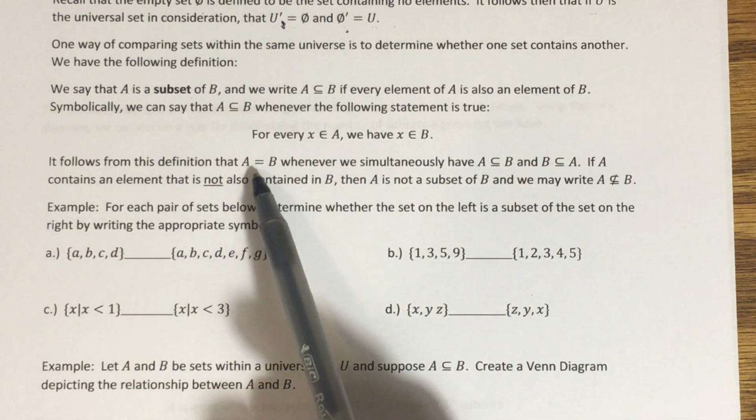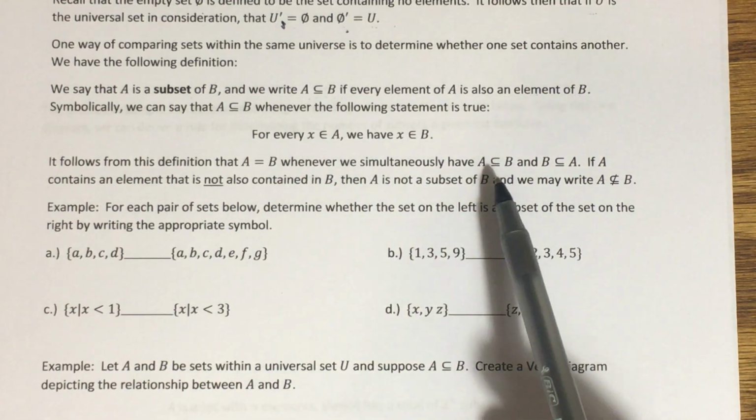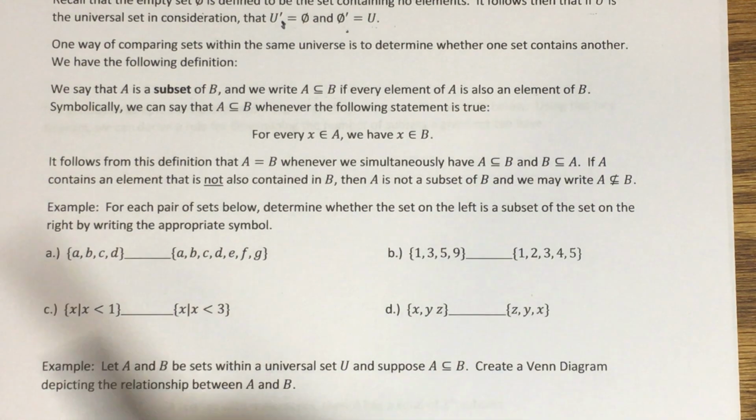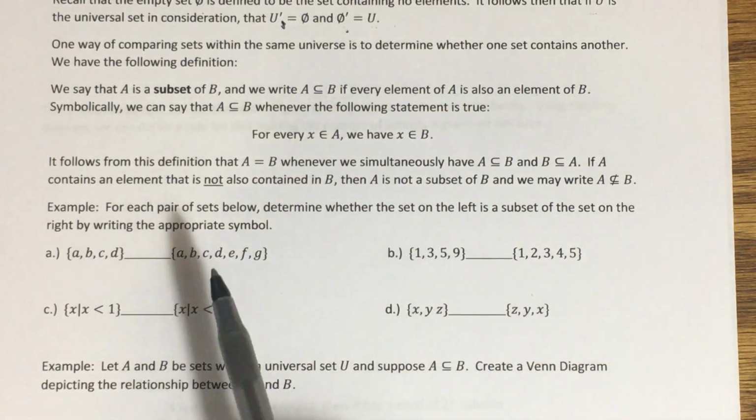So that definition, A equals B, is the same thing as saying that A is a subset of B and B is a subset of A. An important thing that we haven't really mentioned here but follows from this definition is that every set is a subset of itself. And we're going to see that in an example down below. So we'll talk about that once we hit that example.